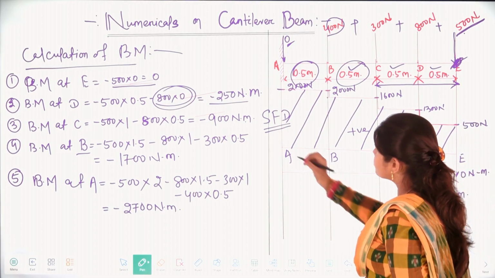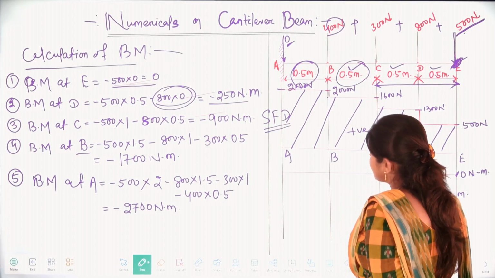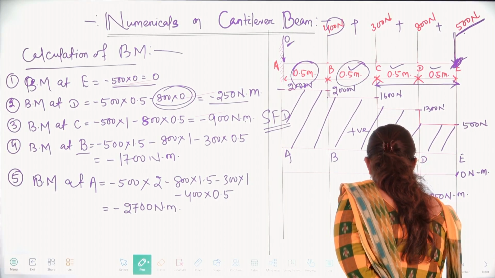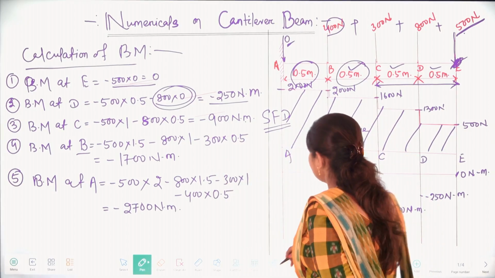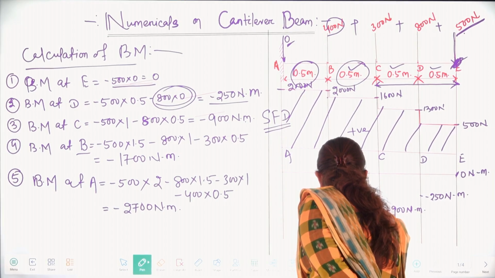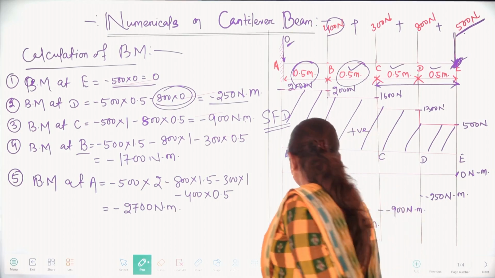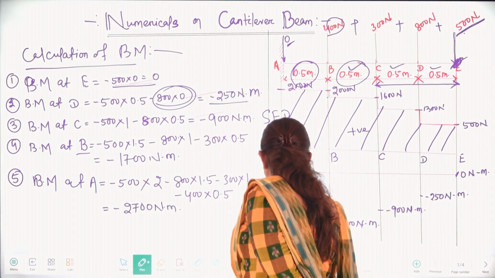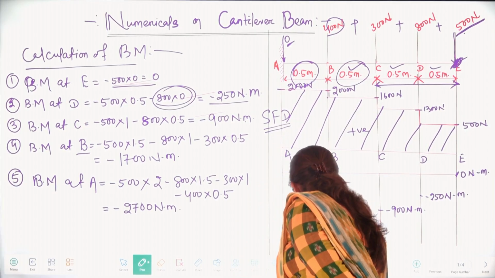Again, at point C, minus 900 Newton into meter. Similarly, at point B, we are having minus 1700 Newton into meter. At point A, we are having minus 2700 Newton into meter.